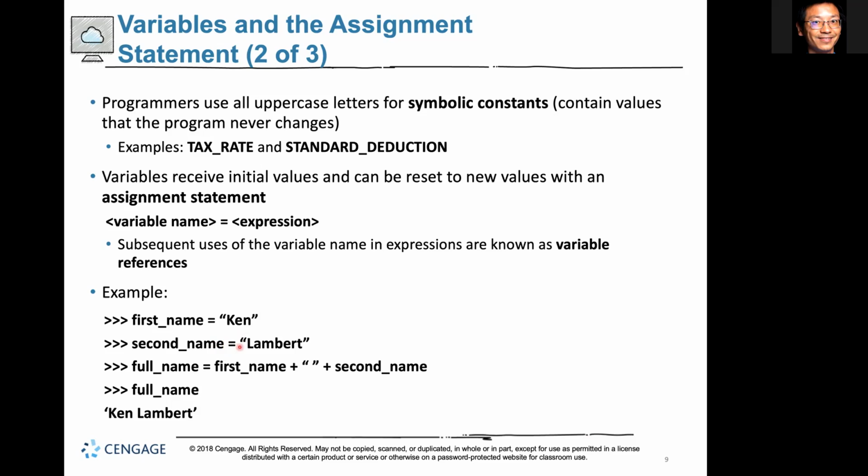And then you have a second name. Here's just another example. You may use those variables in an expression like this. First name now is associated with Ken, which is a string. So the type of this first name is a string object. And so when this plus is used here, it would be a concatenation.